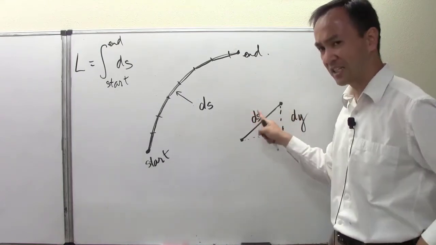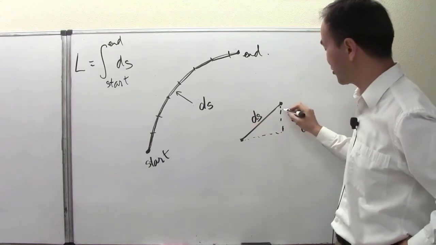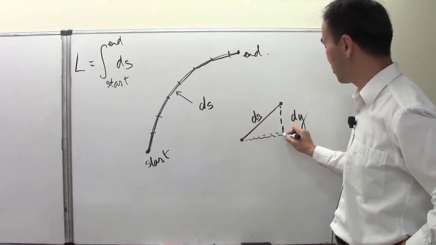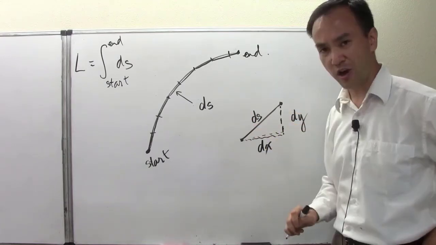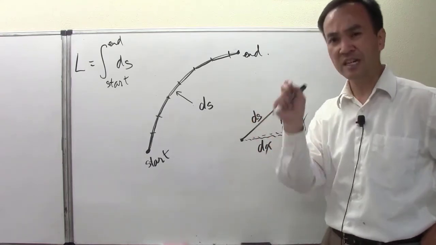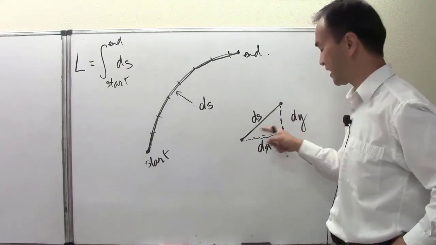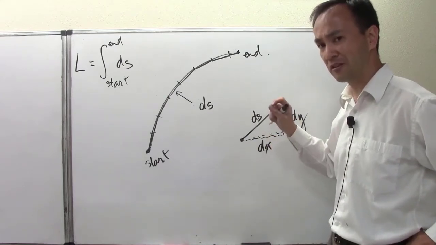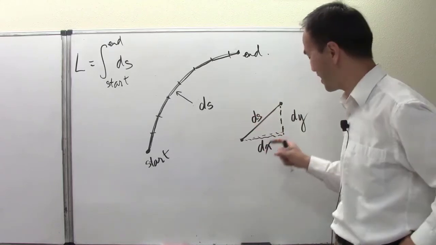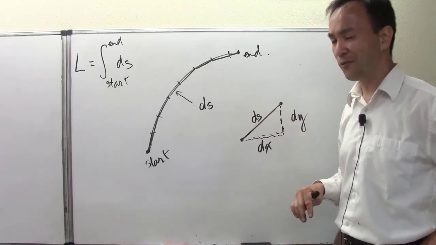So ds itself is a differential, and so it's related to the dy differential. It's also related to the dx differential, because when the ds is so small, each one of dy and dx become infinitesimally small as well. At that microscopic level, dy and dx are all differentials.